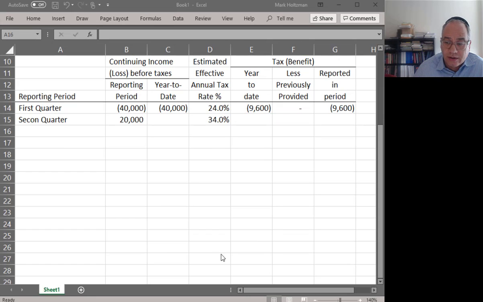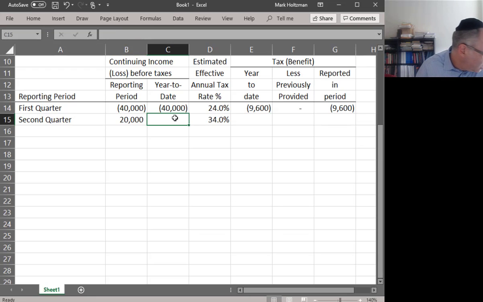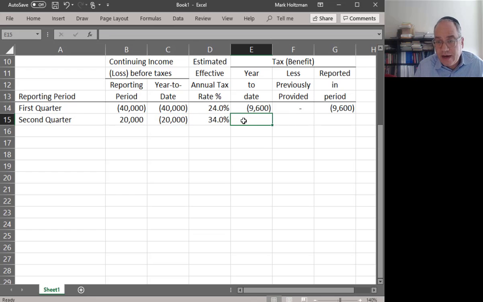Now for the second quarter. In the second quarter, we had $20,000 in income. So the year-to-date amount would be $20,000 plus the $40,000 loss we had in the first quarter, or a $20,000 loss. And our estimated effective annual tax rate is 34%.